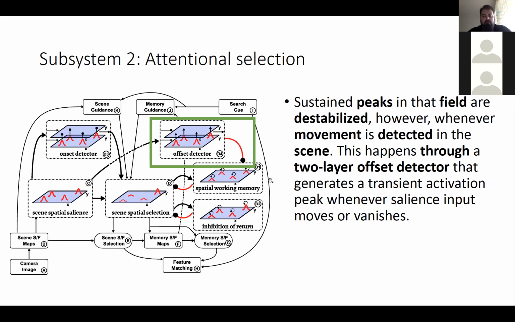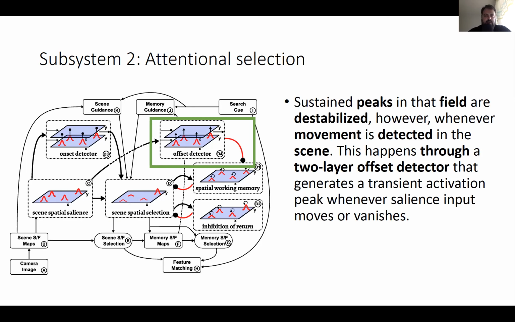This was important because in the second experiment, as I mentioned before, we had a pause in between with a blank screen, and this pause made the efficiency effect get lost in the experiment. The explanation for this loss of information was this offset detector. That's also the reason why we have the spatial working memory field.